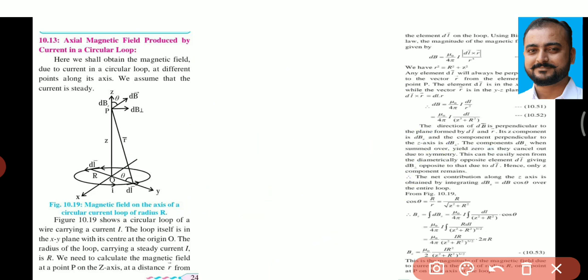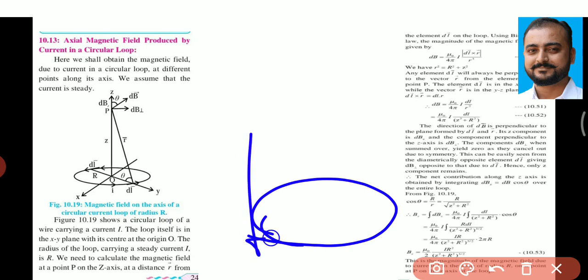Now it's very simple. What we consider? We consider a current carrying circular loop. This current carrying circular loop carries a current I through it. Let me consider that the current carrying circular loop is shown like this. As you plot a graph, it is in the xy plane. What is the plane of this circle?